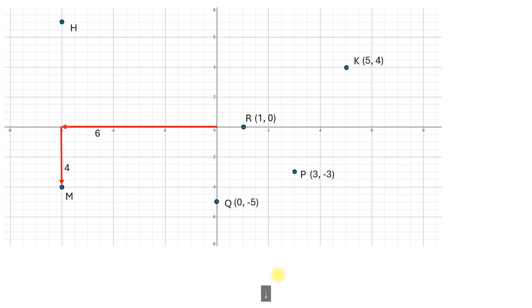So our ordered pair is negative 6, negative 4. And for our last coordinate, H, we move along the x-axis to the left 6 units, and then up 7 units. So the coordinate becomes negative 6, 7.